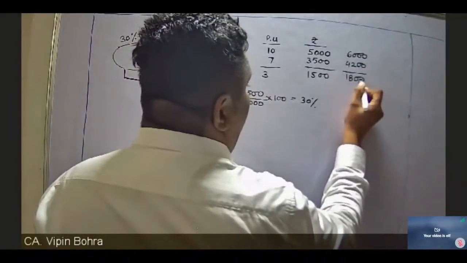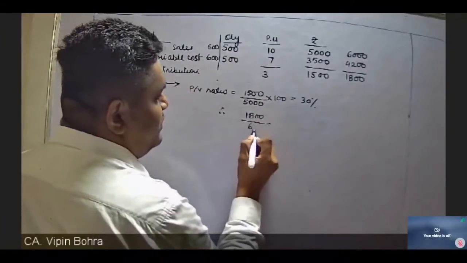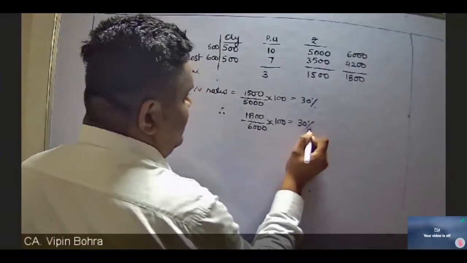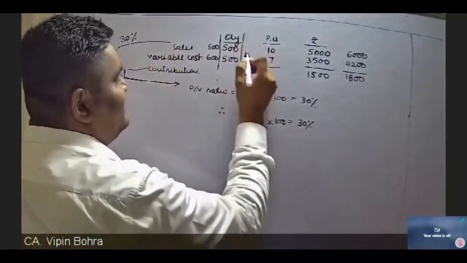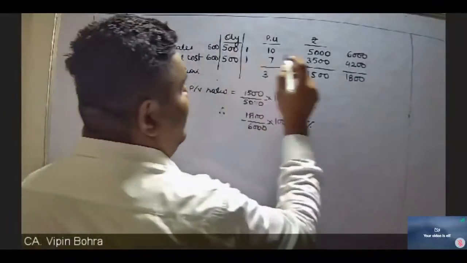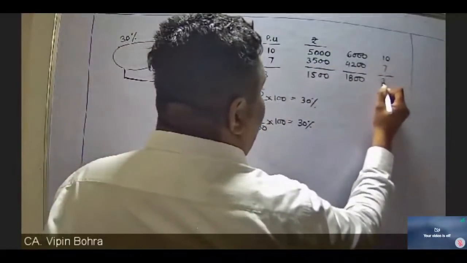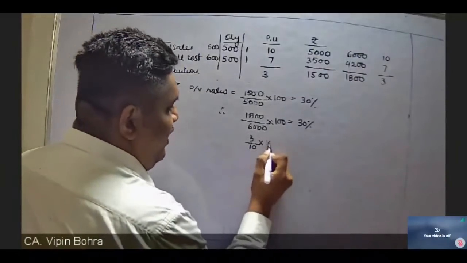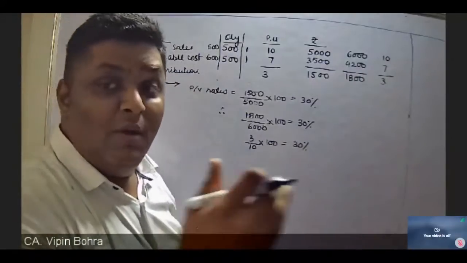Contribution 1,800. Therefore, 1,800 divided by 6,000, into 100. No change. Suppose I manufacture and sell 1 unit also, is the PV ratio going to change? No. 10 into 1, 10. 1 into 7, 7. Contribution will be 3. So 3 divided by 10 into 100, 30%. No change.